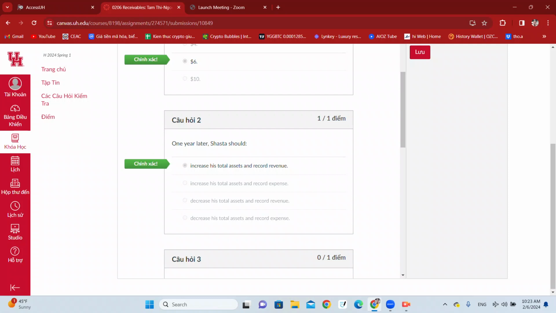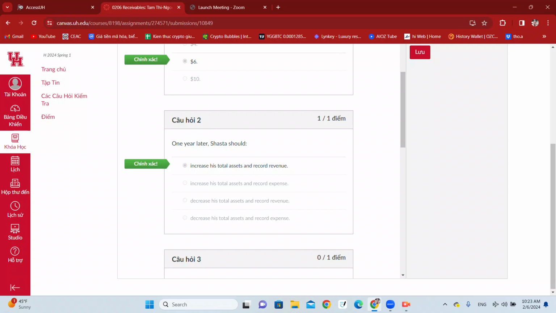In fact, the only possible answers here are increase total assets and record revenue, which is actually the right one, and decrease total assets and record expense. The two middle choices cannot possibly be true, because when you increase assets, the value of the company goes up. That's revenue, not expense.